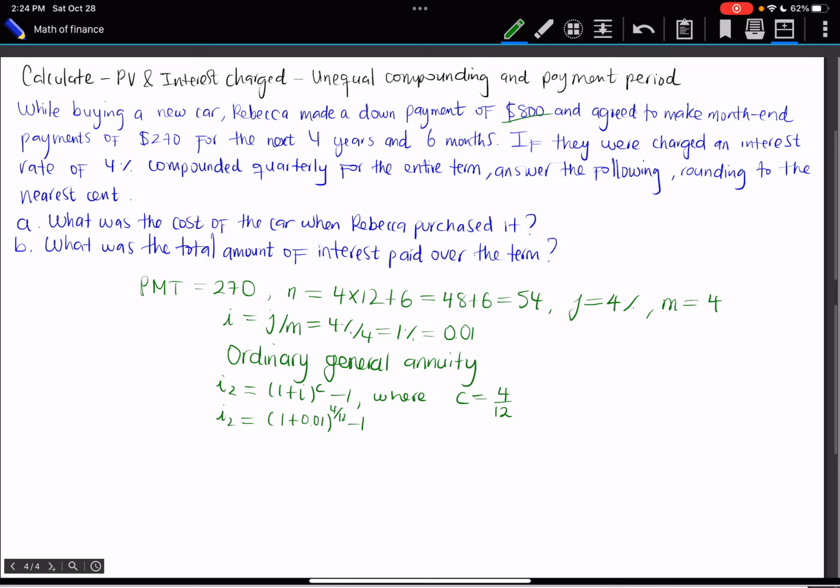That's what we have in this problem. And when we compute this value, we find the number 0.003322 and some other digits.